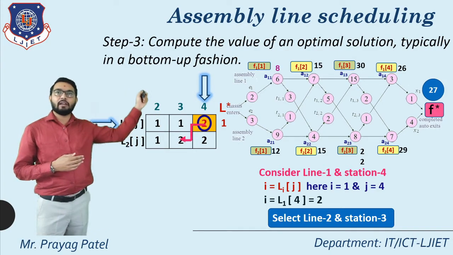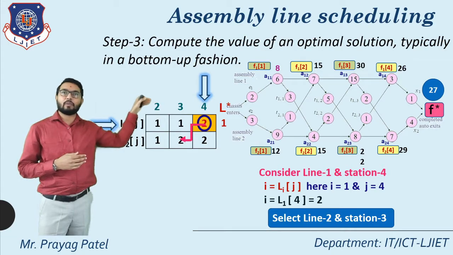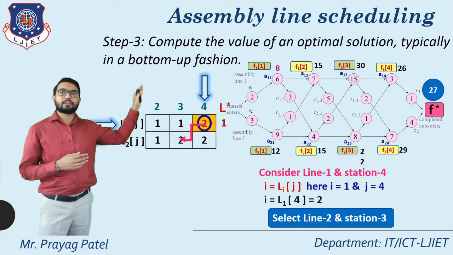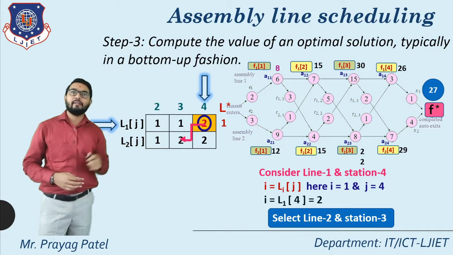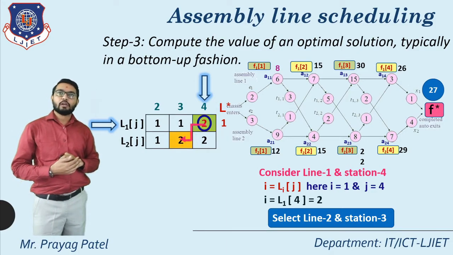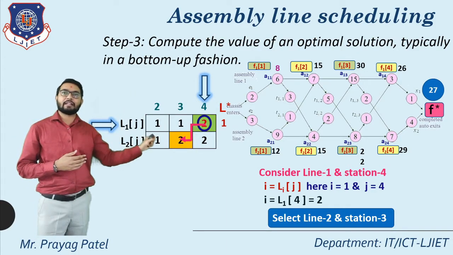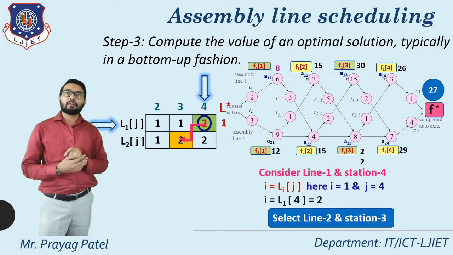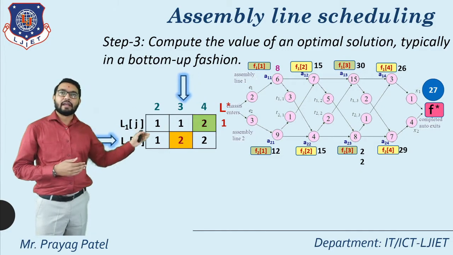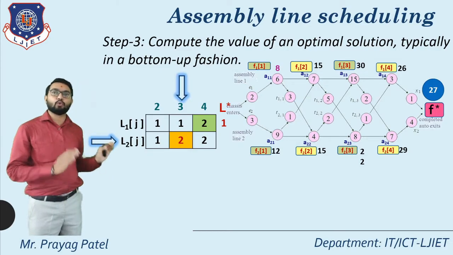See in this figure the movement from line number 1 to line number 2, and from station number 4 to station number 3. Now the next step is to select line number 2 and station number 3. So the next step is location 2 3.